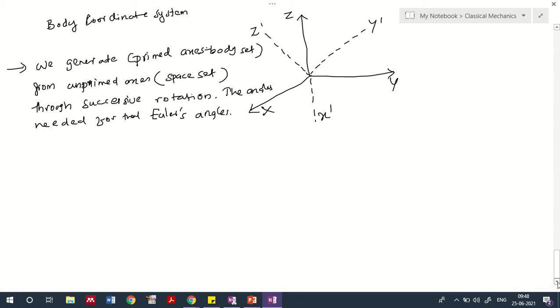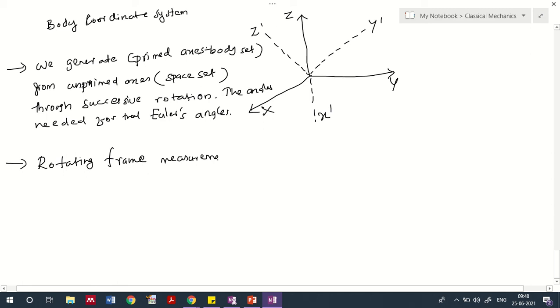So what is the purpose of this? Why do we use Euler's angle? There are a few measurements related to classical mechanics that we call rotating frame measurements.